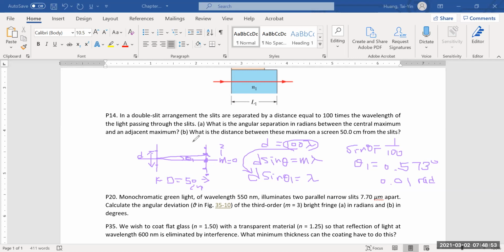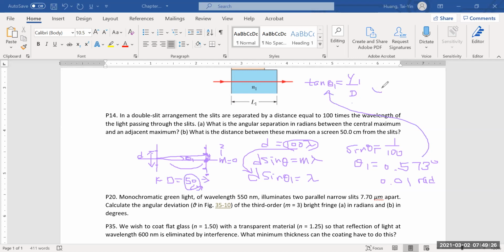Now for part B, it says, what is the distance? So what is the vertical distance between those two maxima? Just by basic trigonometry, we know that tangent theta 1 is equal to this distance, which is called y1, over this distance, which is capital D. So you have the angle here, and your D here is 50 centimeters.